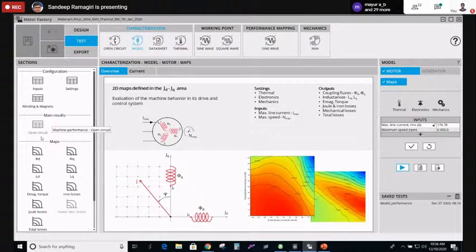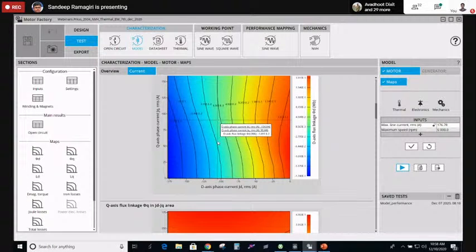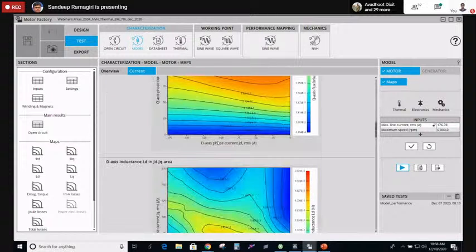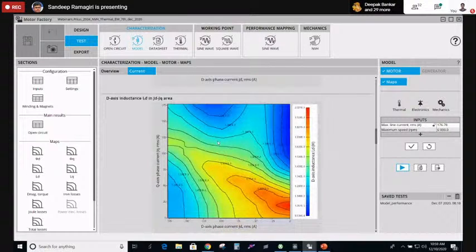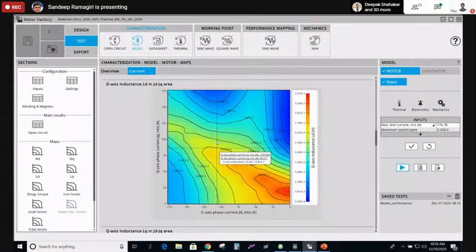So we have d-axis flux linkages in the Id and Iq plane, which is very important for the control of the motor, and we can have q-axis flux linkages in the Id and Iq plane, and d-axis inductances, which is also important for the field weakening control technique.